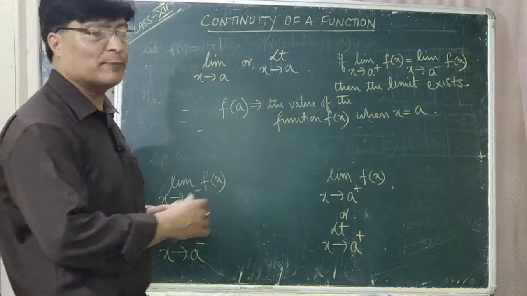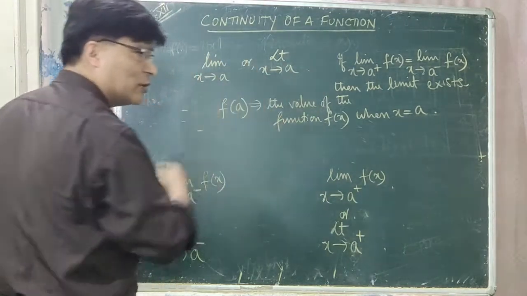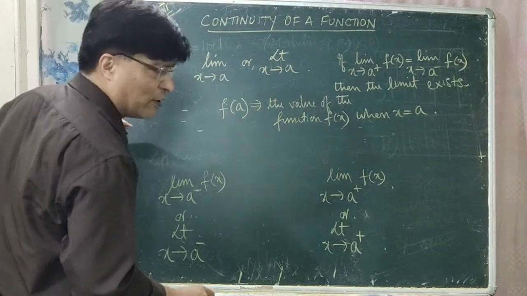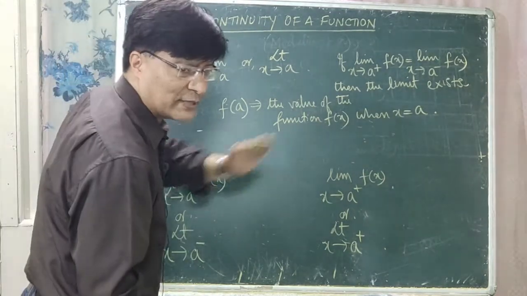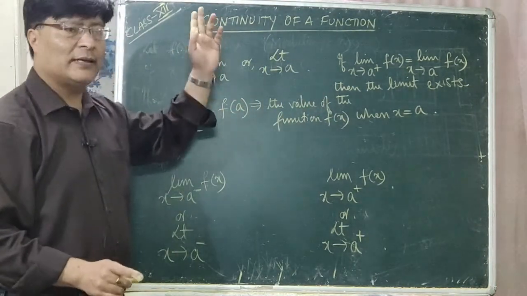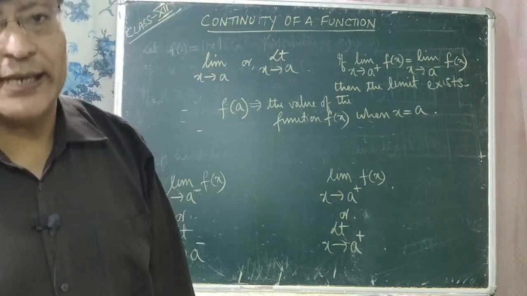X tends to a plus means x is approaching towards a from the right hand side, but x exactly not equal to a. X tends to a minus means this function f of x is approaching towards a from the left hand side, but x exactly not equal to a. But what do you mean by f of a? This is the value of the function f of x when x exactly equal to a.